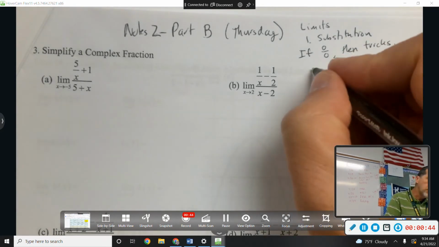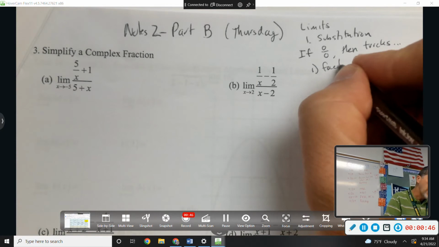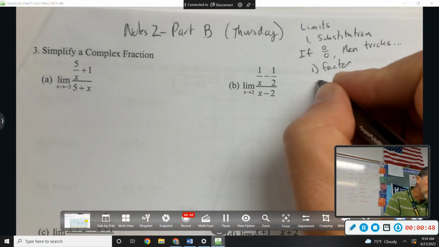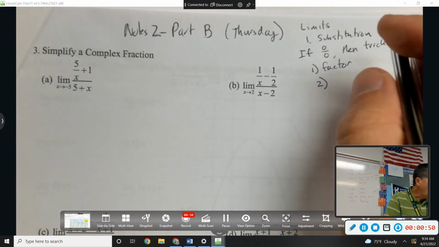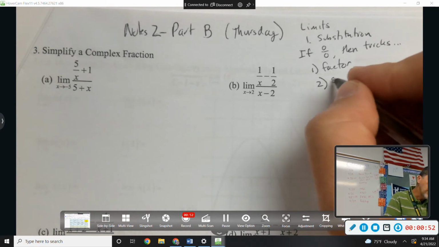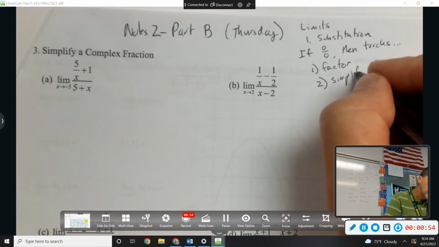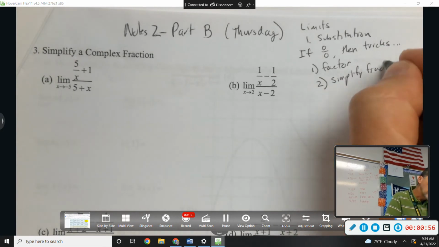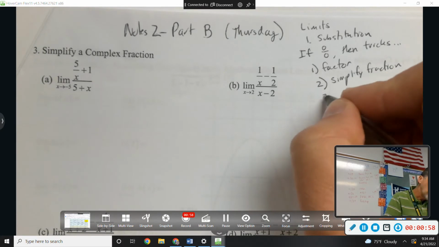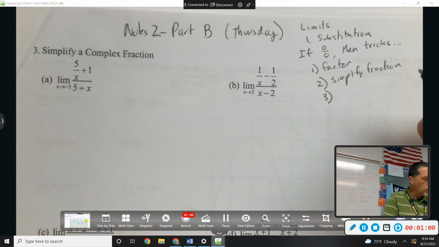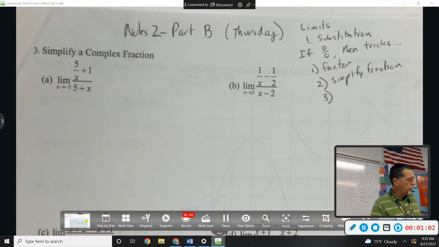So the first trick we did was yesterday. That was factoring. 2 more tricks today. One is simplifying a fraction. And the second one for today is, let's see how we want to phrase that one, multiplying by a conjugate.